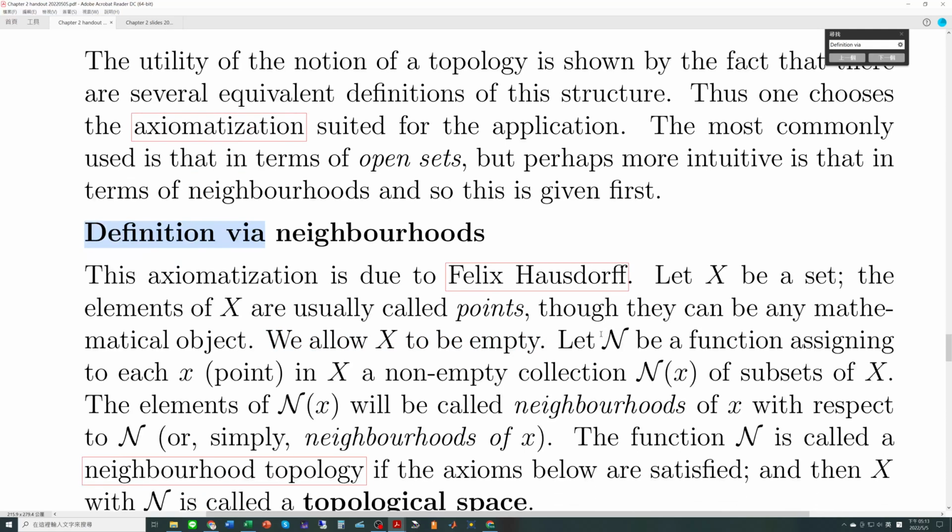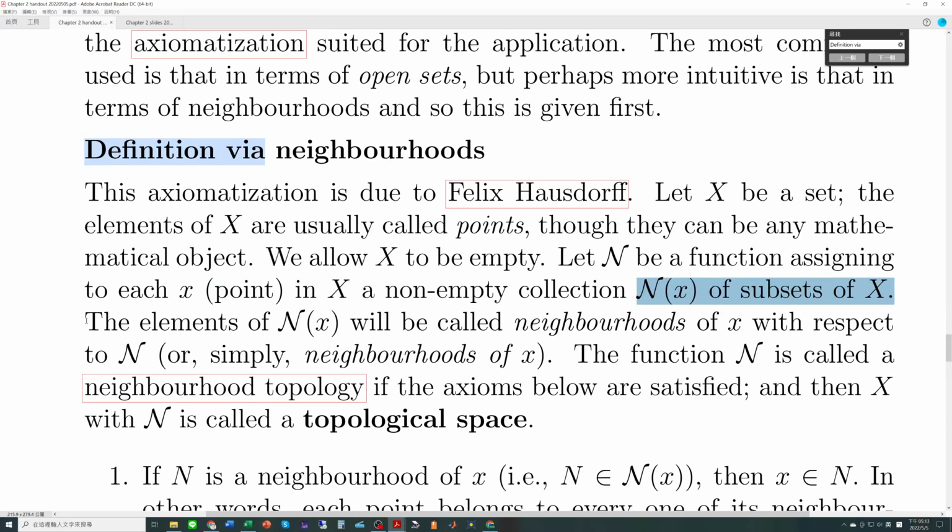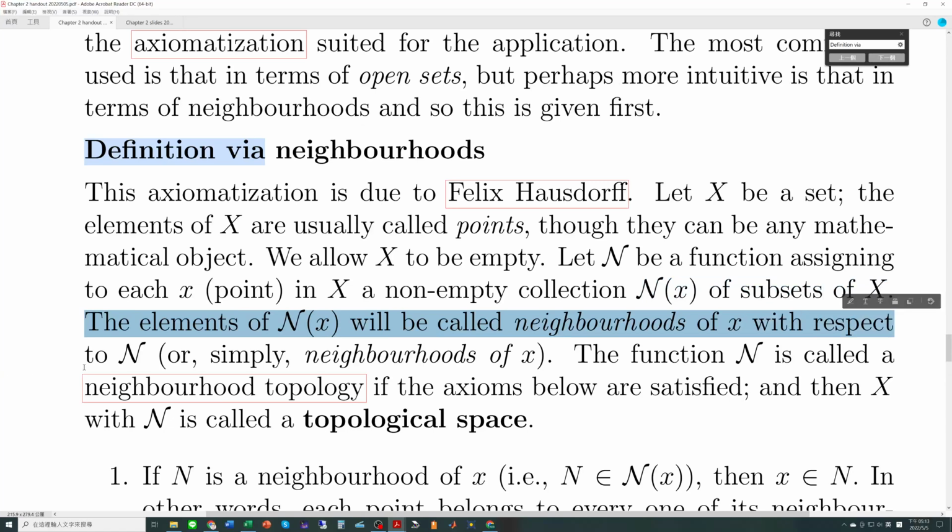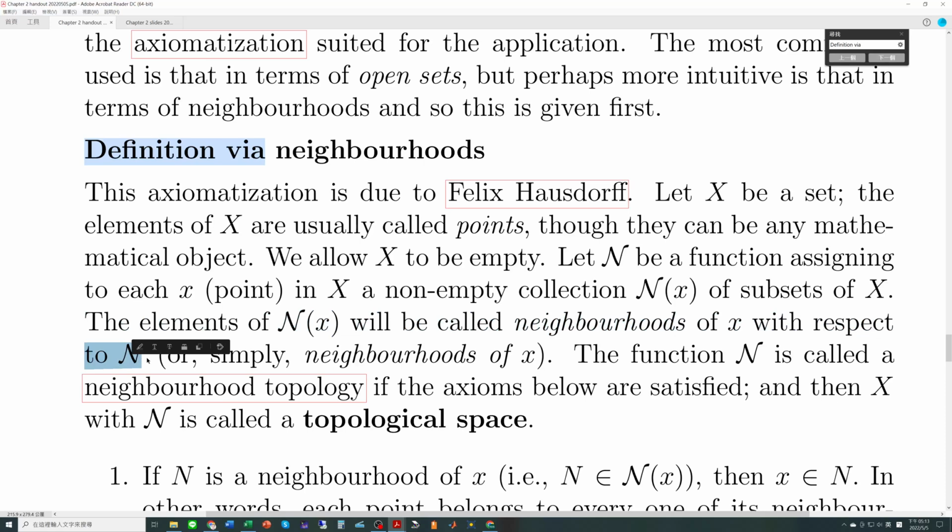Let n be a function assigning to each point x in X a non-empty collection n of x of subsets of capital X. The elements of n of small x will be called neighborhoods of small x with respect to n, or simply neighborhoods of x.